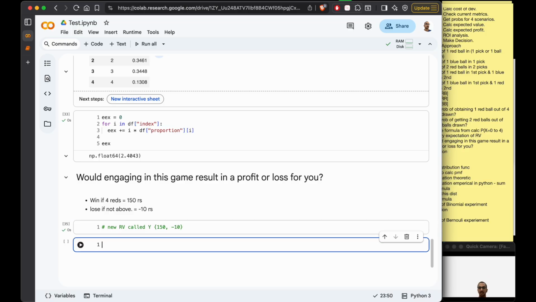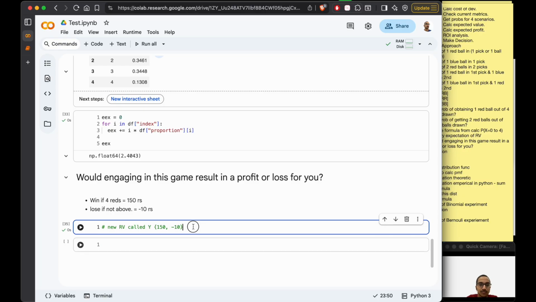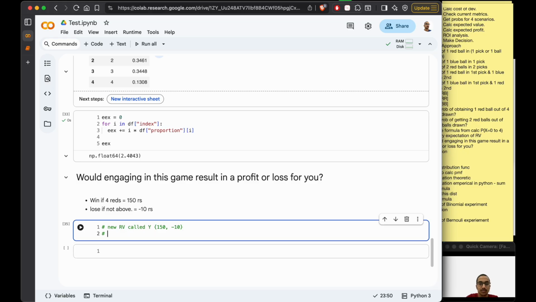Now I'll calculate the probability of getting 150. P of y equal to 150 is nothing but P of x equal to 4, right? So if I get all 4 reds, that is the same as me winning 150 rupees.